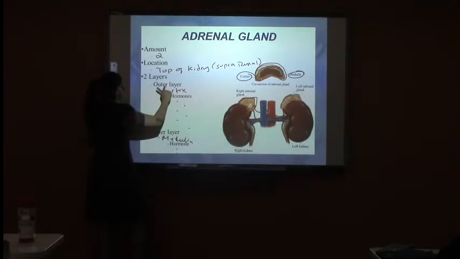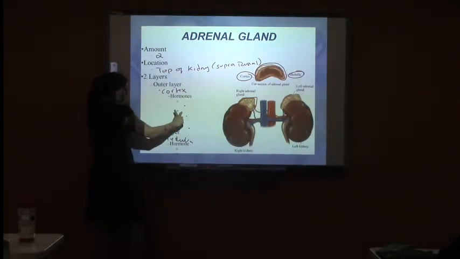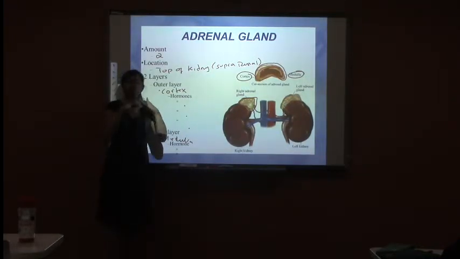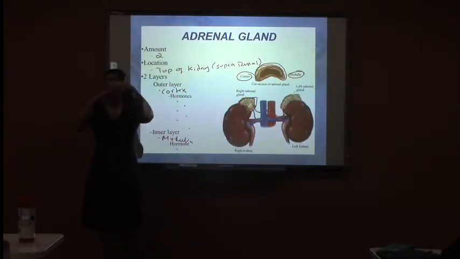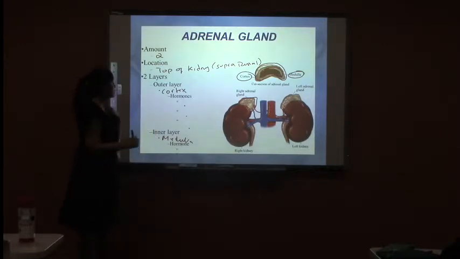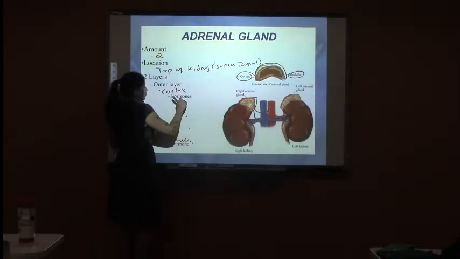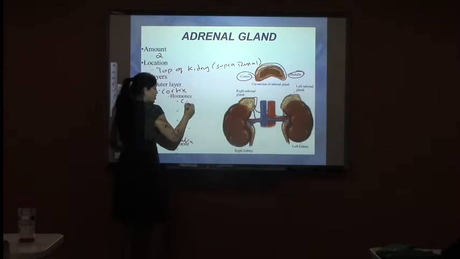Now, the cortex secretes three hormones, that's why I left spaces for 3 hormones, because each hormone is released from a different layer of the cortex. So the cortex, when you further look into it, has 3 different layers. Okay? So, one of the hormones that it releases is cortisol.